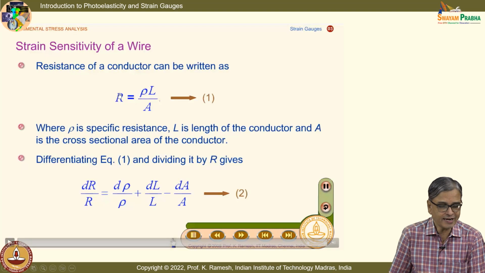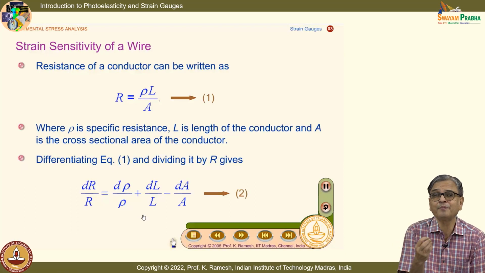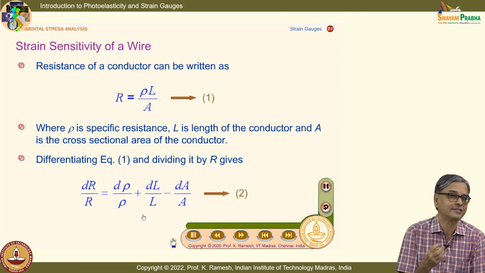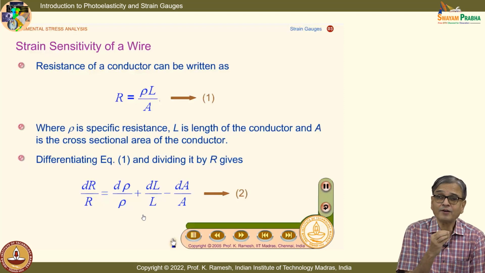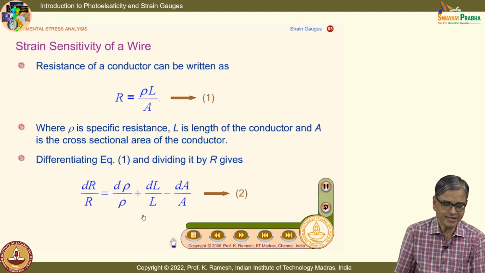So, when I take a conductor and look at it as a function of the specific resistance and the geometry, I get knowledge of what my calibration constant should be, and in what way I should tweak it so that I do not have a difficulty moving from elastic to plastic strain. Fine.